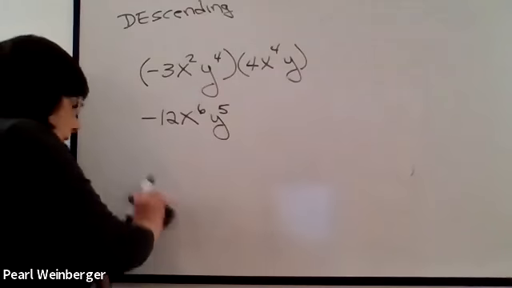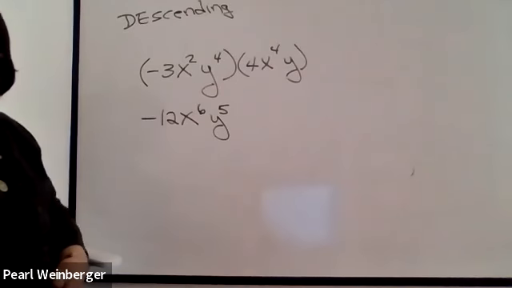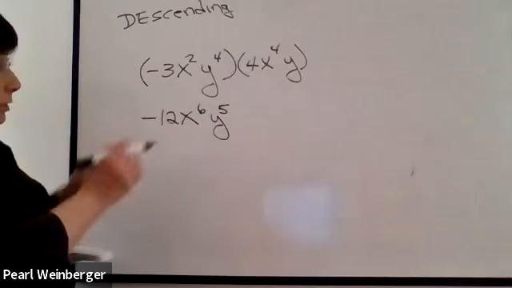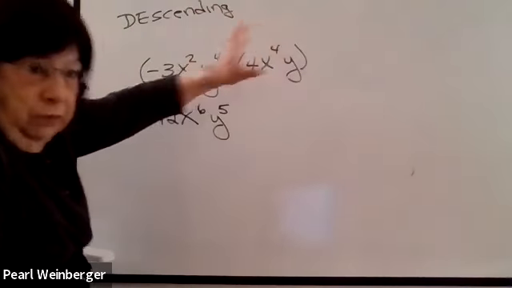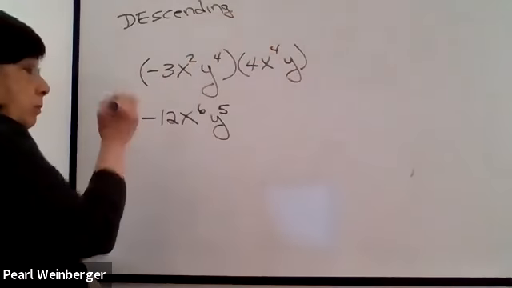Correct. Okay, thank you. Now, I'm going to do one more problem, and I'm going to give you one to try. Sometimes this was one monomial times another monomial. What if I have a monomial?